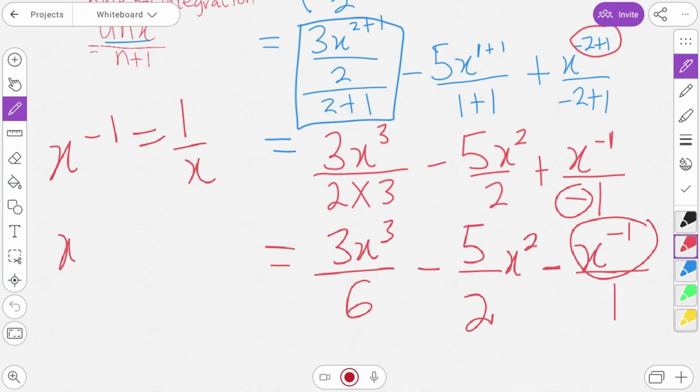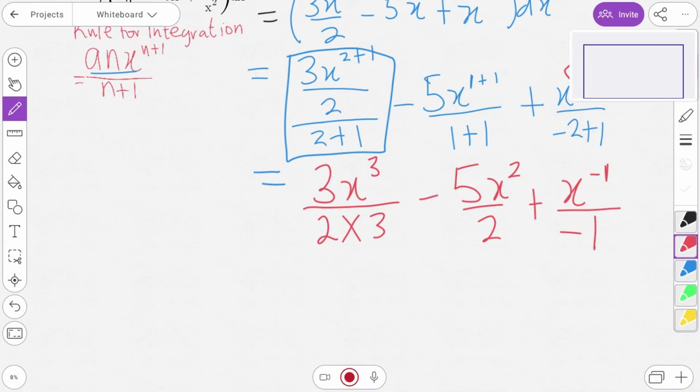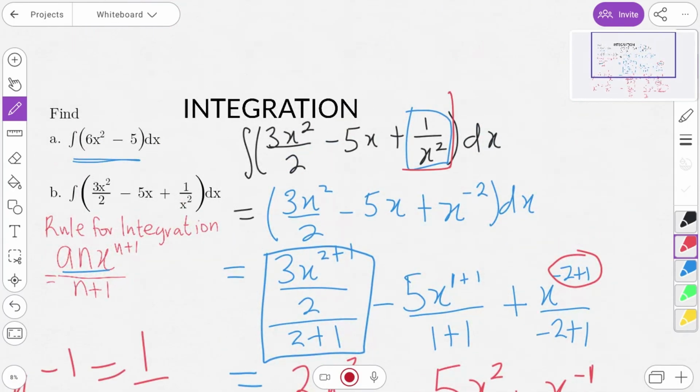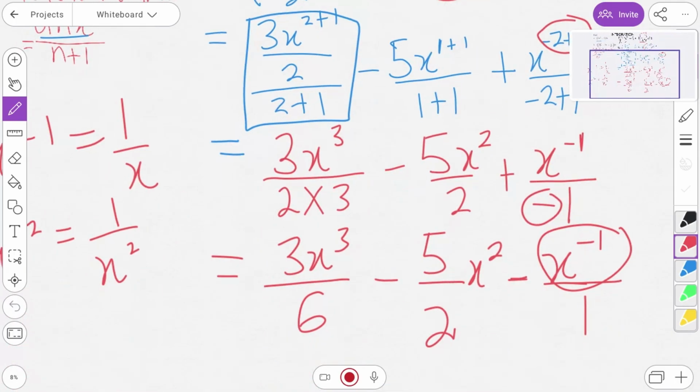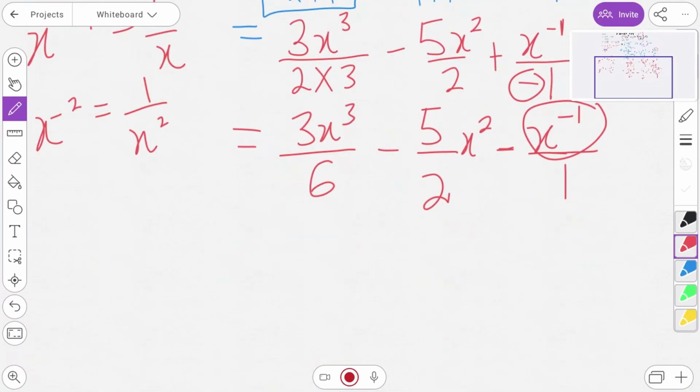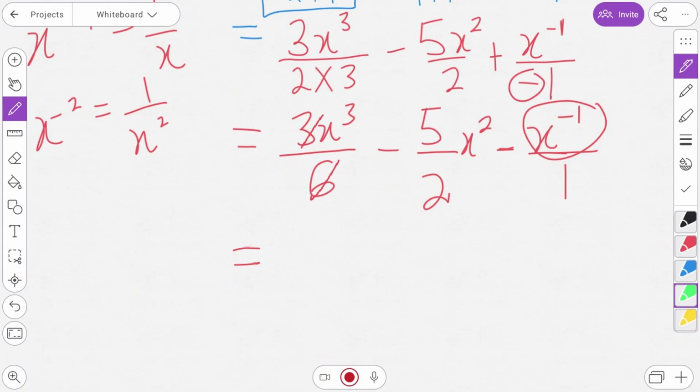Why? Because earlier in the video, I told you that 1 over x squared was changed to x raised to an exponent of minus 2. So x raised to an exponent of minus 1 can also be changed to 1 over x. So that's the explanation to that.